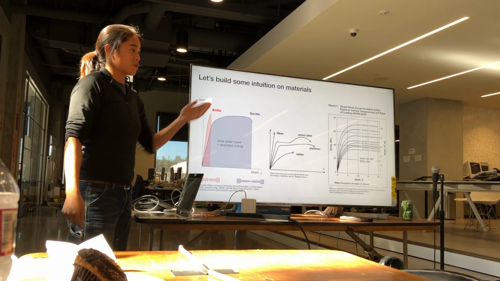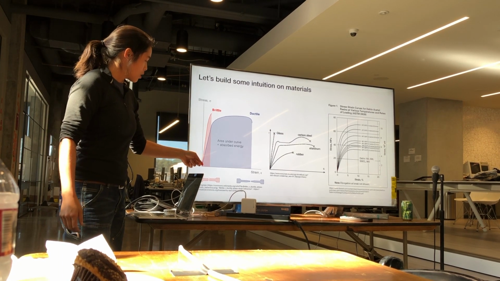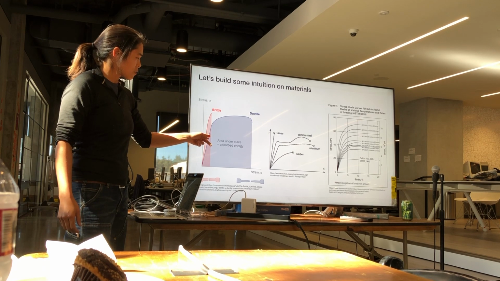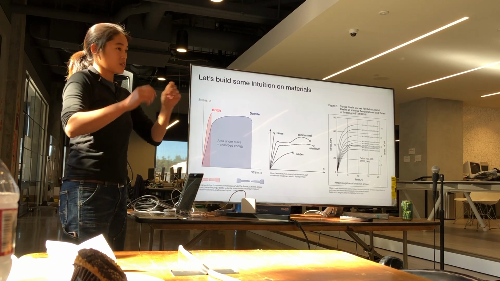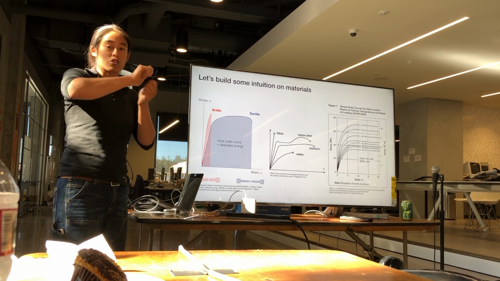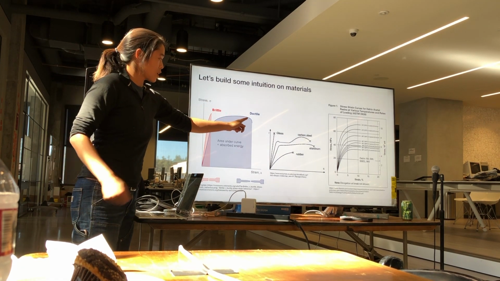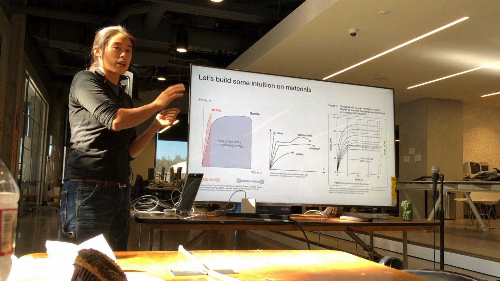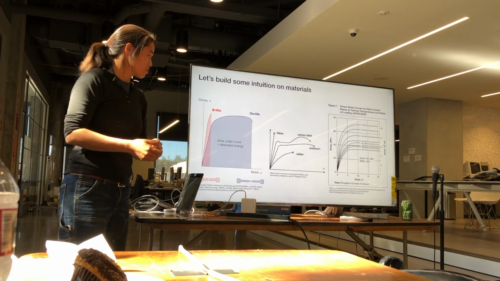A ductile material may be something like a mild steel or a copper, where it feels fairly stiff, and then it starts to deflect, and at this point the deformation in it becomes permanent. And even as you're permanently bending it, it's still providing some amount of force resistance, and then it breaks.